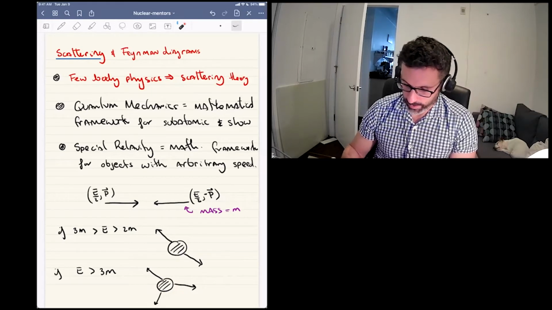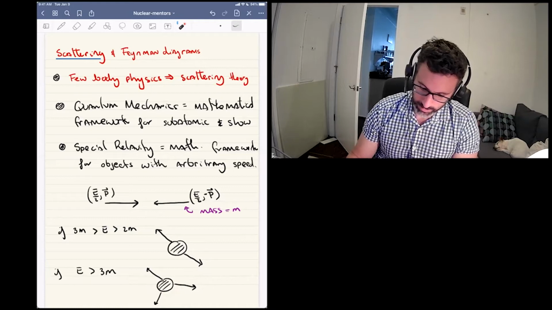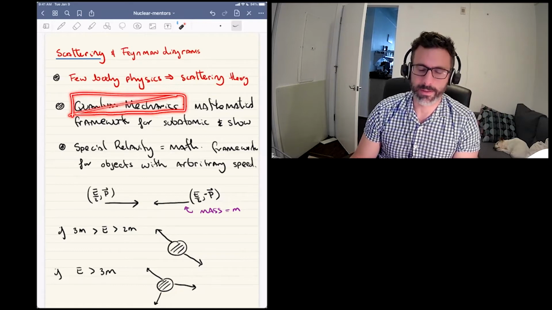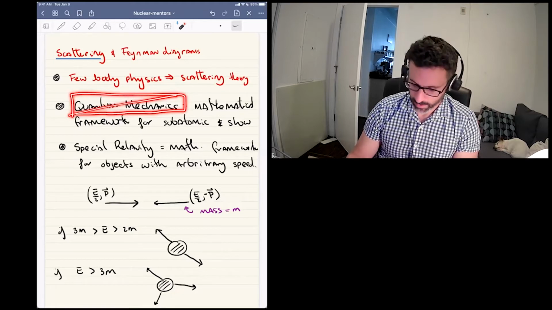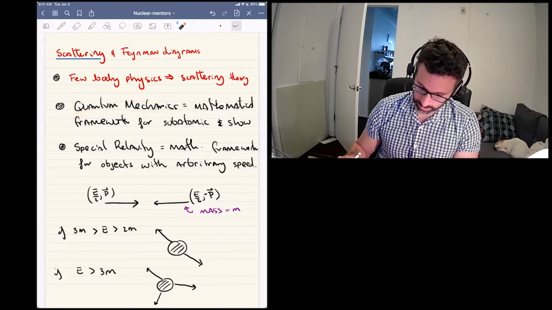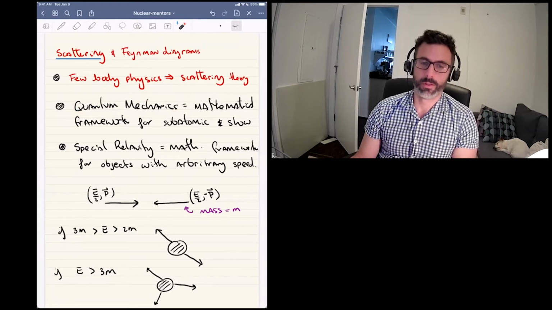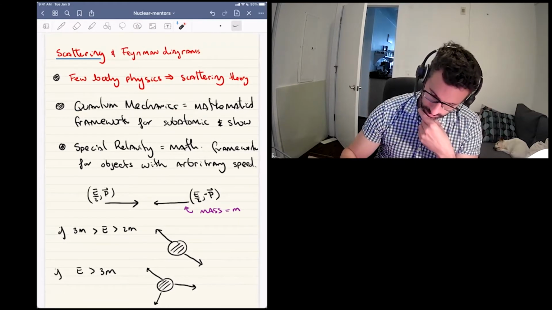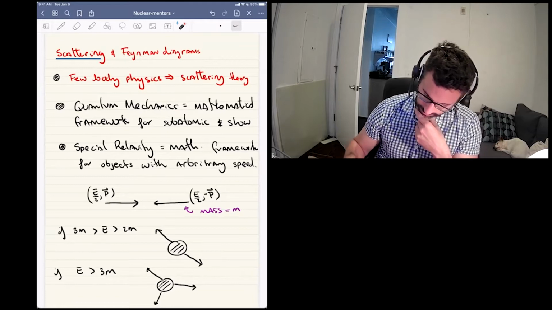This is something that quantum mechanics fails to describe. Quantum mechanics just cannot describe that. So you can, but it's a little awkward, basically. It just becomes unnatural. And so the most natural framework is to promote particles to be excitations.